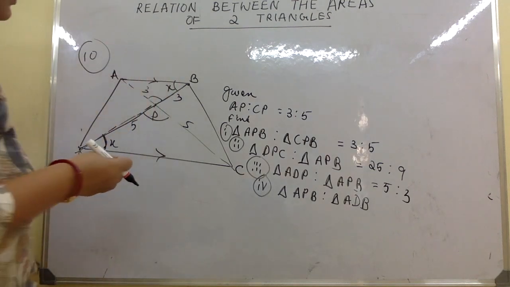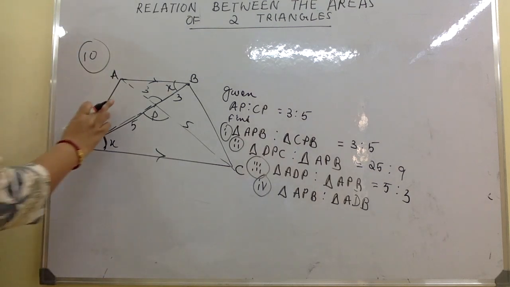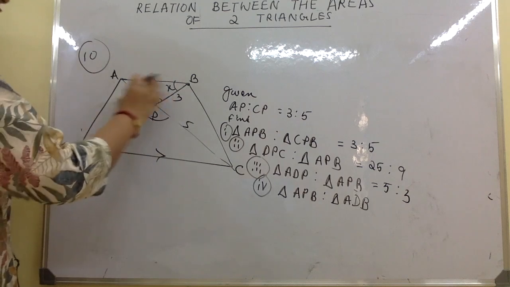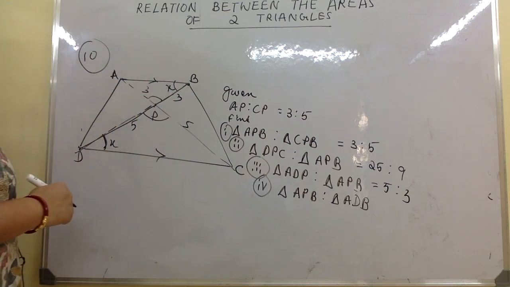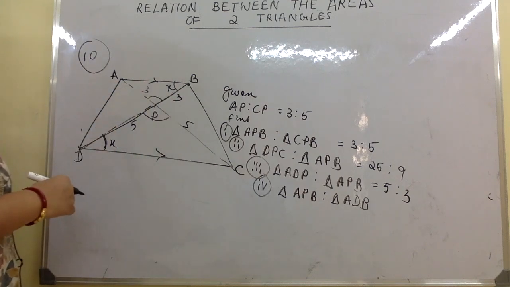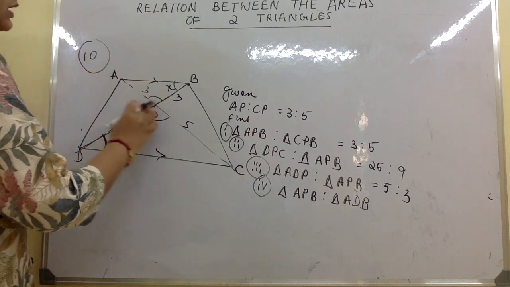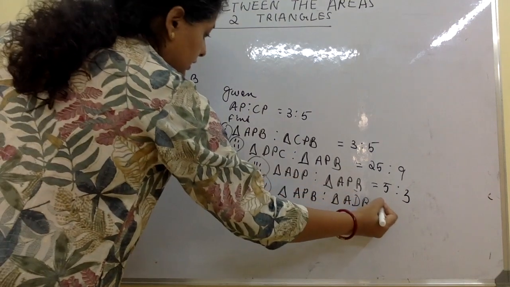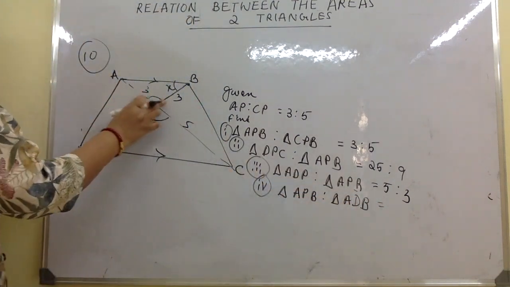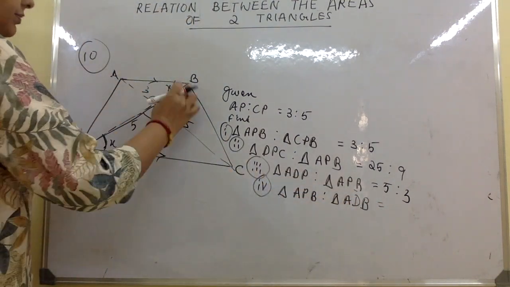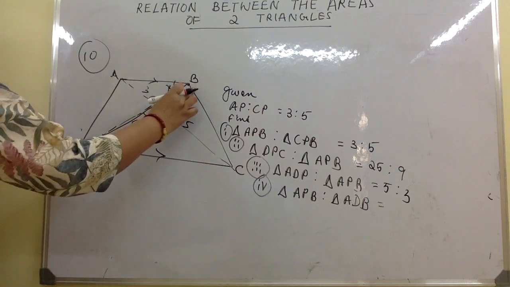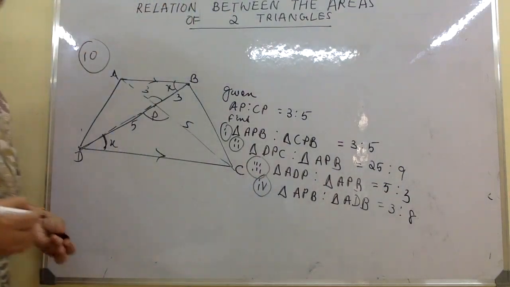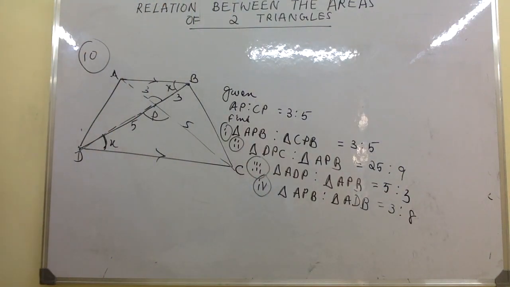So once again, when I have APB and ADB, that is this full one, for APB they are one triangle with a common vertex. So again, it is 3 for this one, but for ADB, it is this full line DB. So it is 3:8. Okay, so that is it.